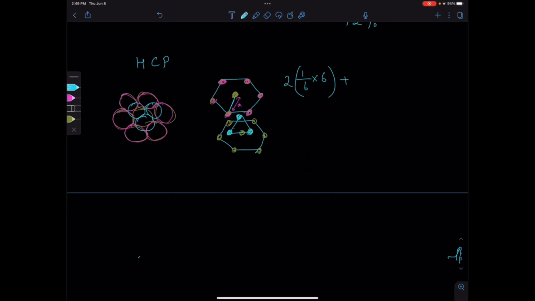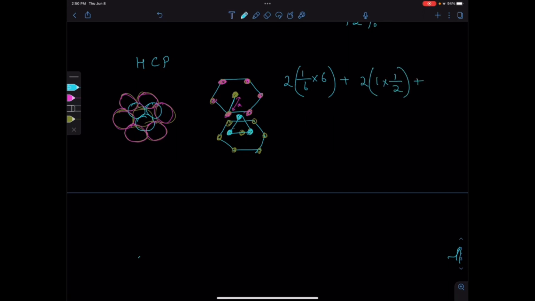Plus, if you look at the atoms in the center of the hexagon, they will be shared by 2 unit cells, right? One which is depicted here and the one that is above it. And there are 2 of them, so it's 2 times 1 times half.